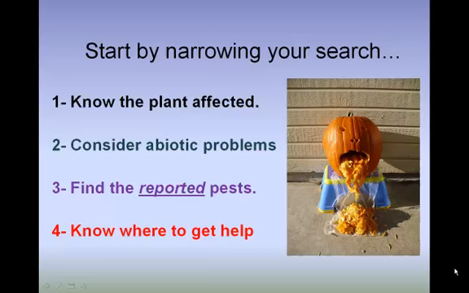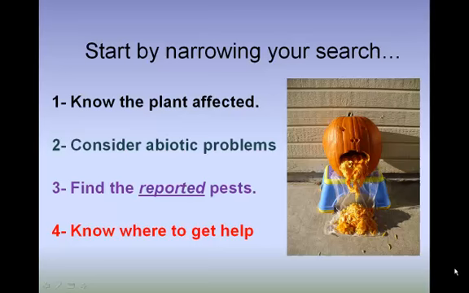So if we're looking at a sick plant, something's going wrong, it doesn't look like we want it to, let's first just take a look at the plant. What is this plant? That is going to give you a great first step, especially with regard to pests and diseases. They tend to favor certain plants.